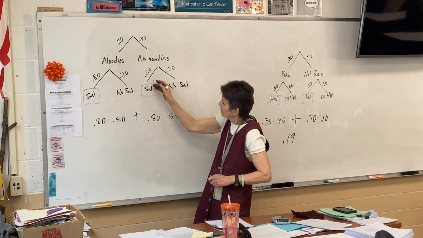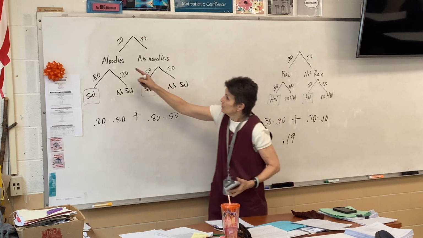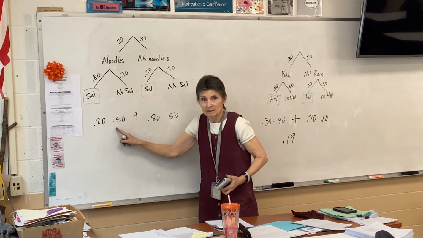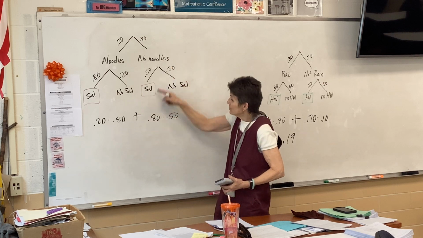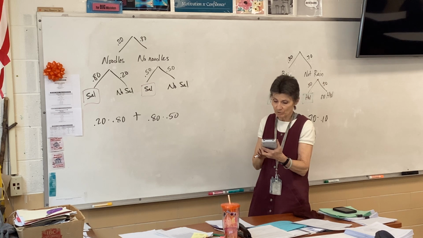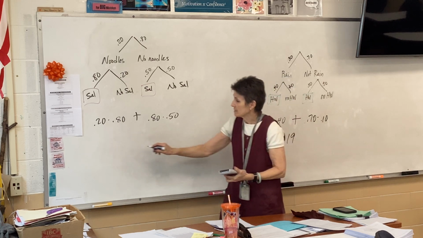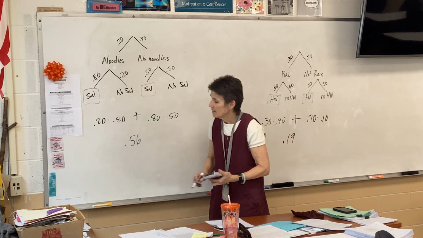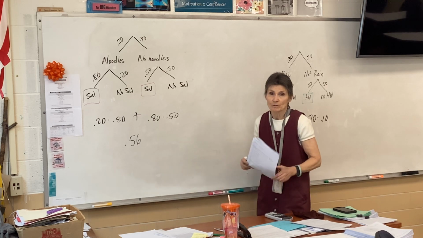So remember, noodles and salad is multiply, or no noodles and salad, so we're going to add those. So 0.2 times 0.8 plus 0.8 times 0.5, 56%. There's a 56% chance they will serve salad.